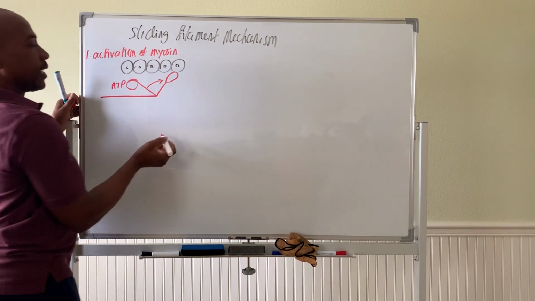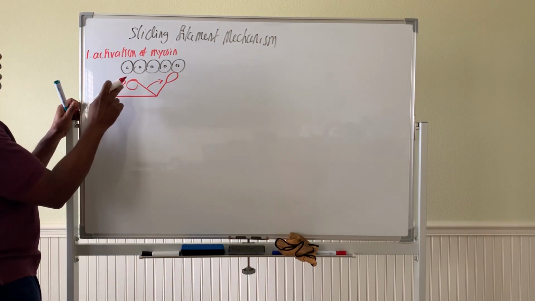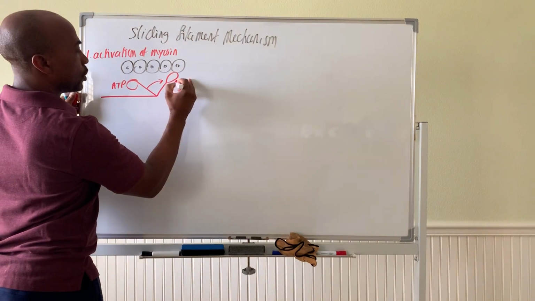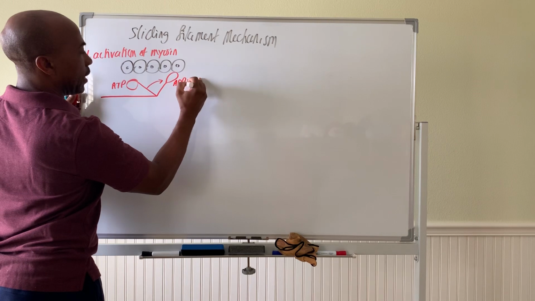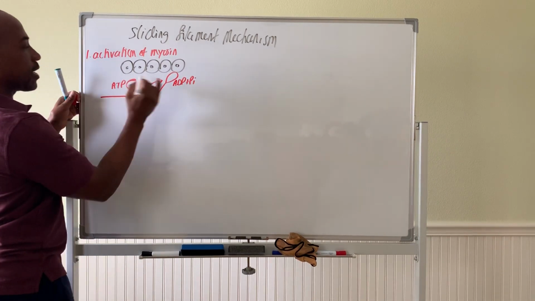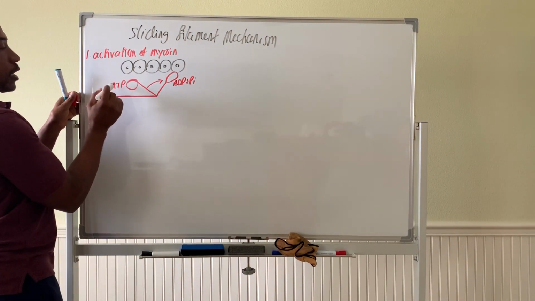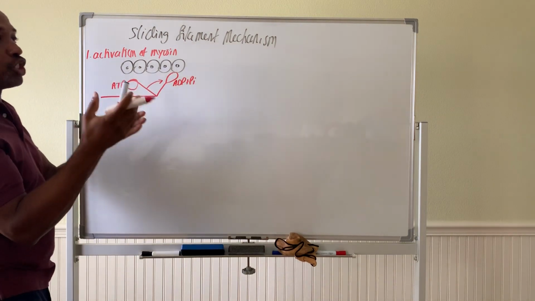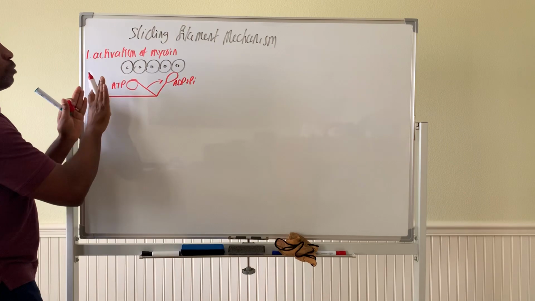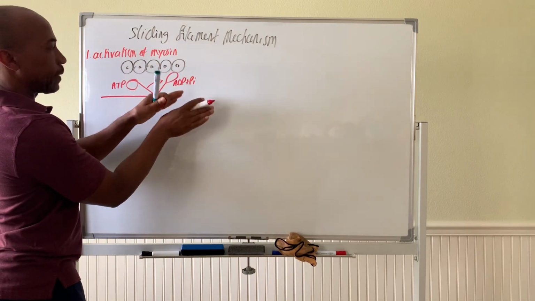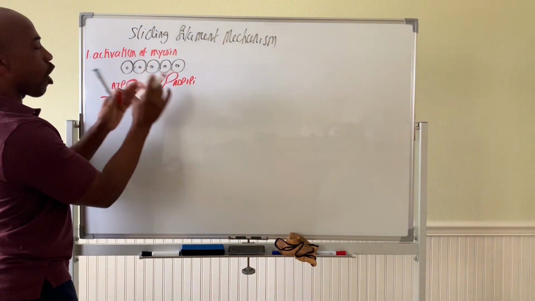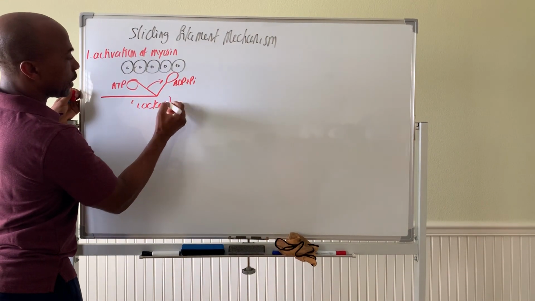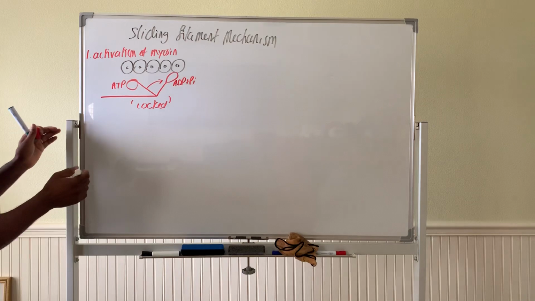It will move because the ATPase in myosin will convert ATP to ADP plus Pi. So that one step of turning ATP into ADP and Pi will provide energy that's used to move the head of myosin this way. What's called activating the head or cocking the head. So now it's in this cocked position. The head of myosin that way.